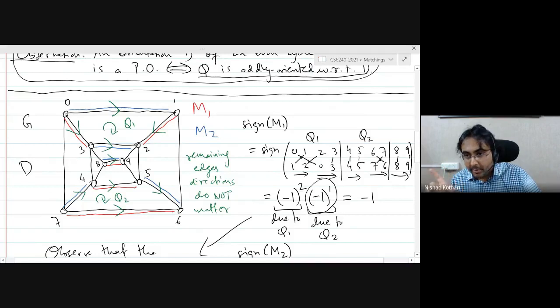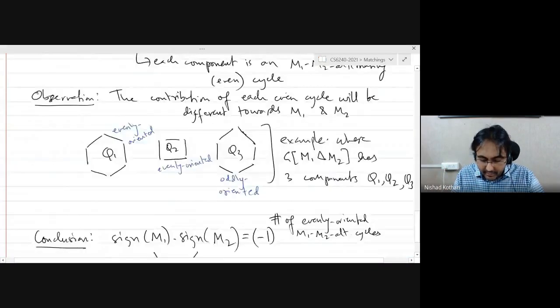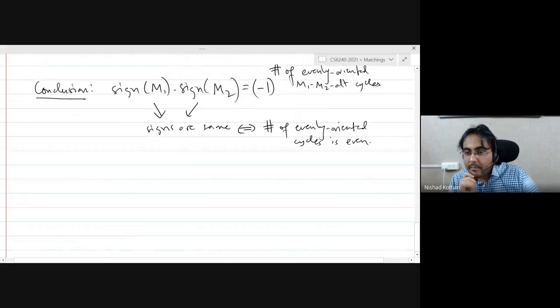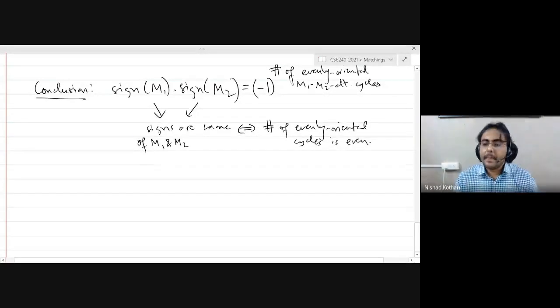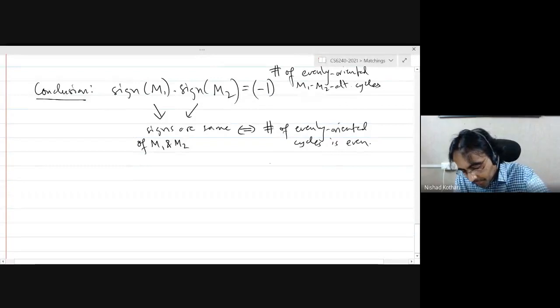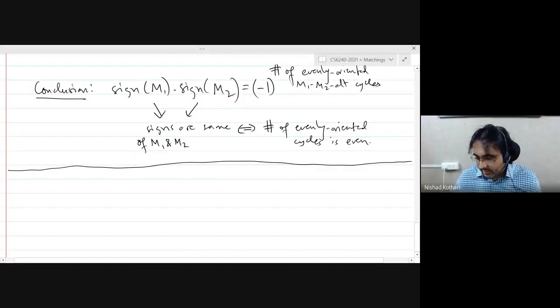So we had an even number of evenly oriented cycles, which is why their signs are the same. Okay, so this is a very nice observation, because rather than doing this permutation business, you just look at the symmetric difference, and by looking at the cycles, you can figure out whether the two perfect matchings are the same sign or different signs. Okay? Any questions or concerns?